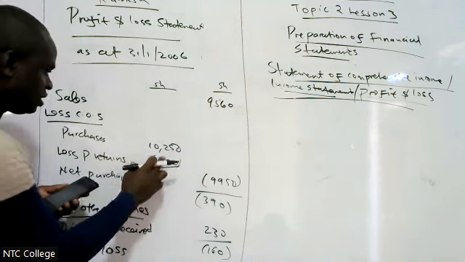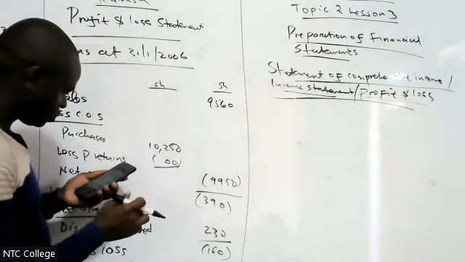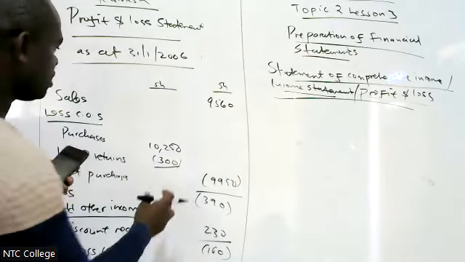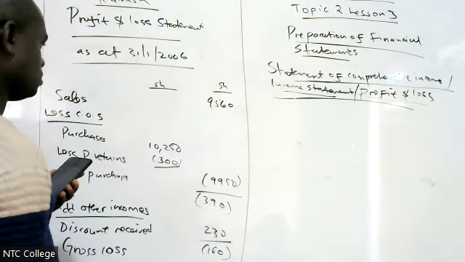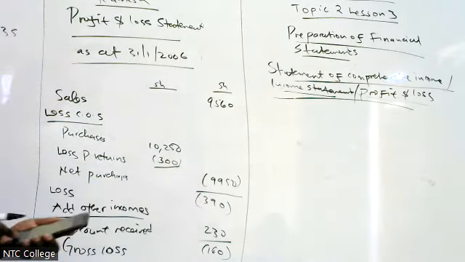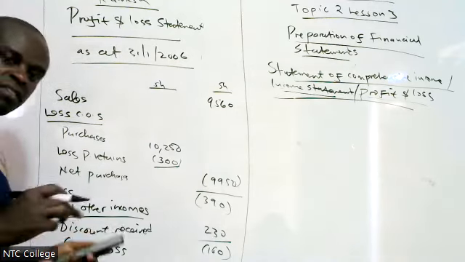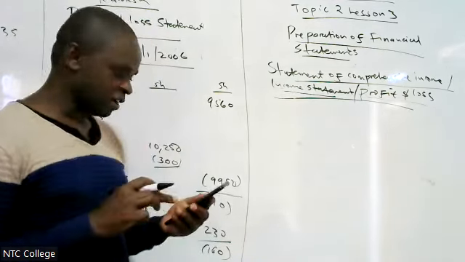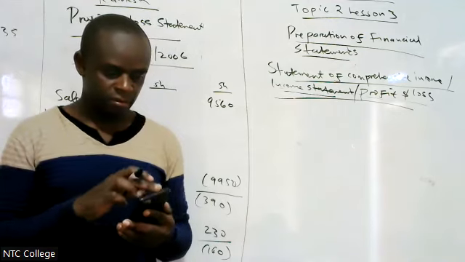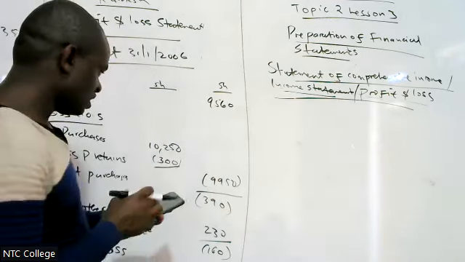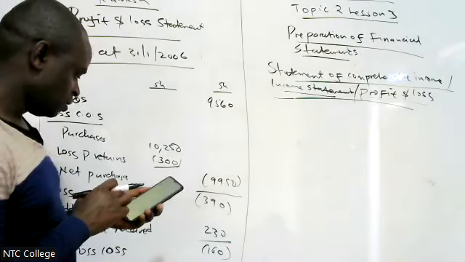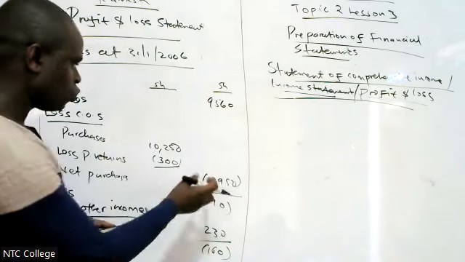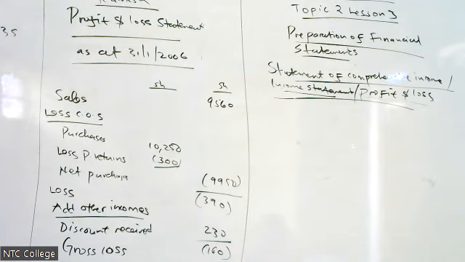So I think here is where we were. This should be 300. Plus 200. So get me the loss here. 10 to 50 minus 300, how much are you getting? 99.50. Yes, so it is correct. Thank you for that.